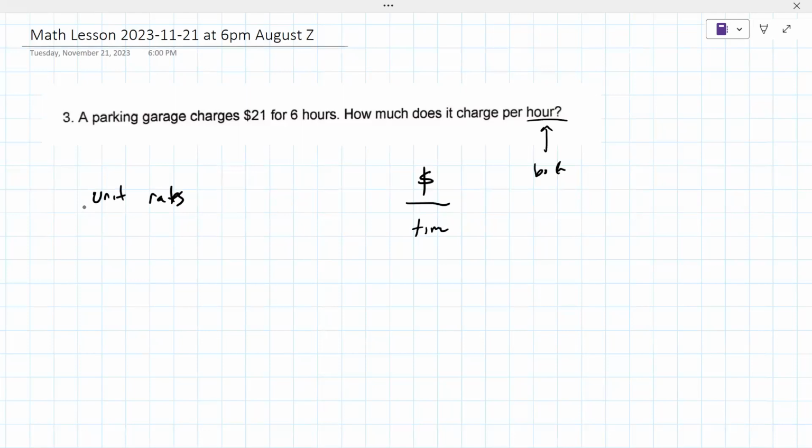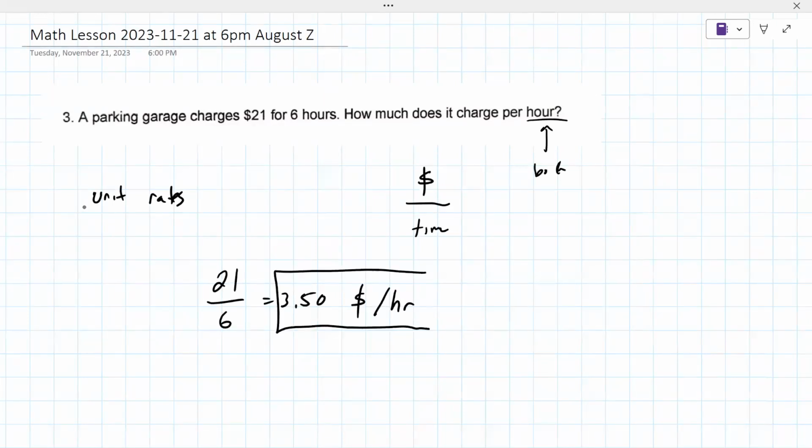So would it be $3.50 per hour? Yes. And you have to give the units. You cannot leave it naked. It's kind of weird, but you've got to have the units with it.